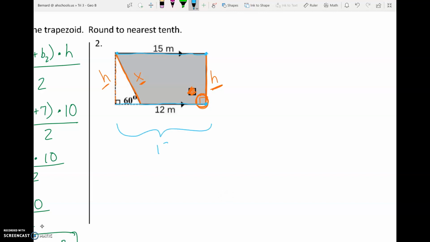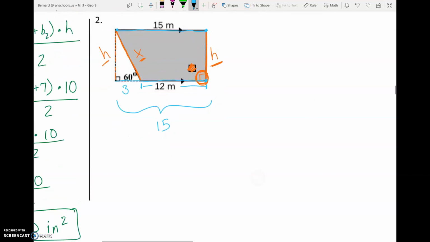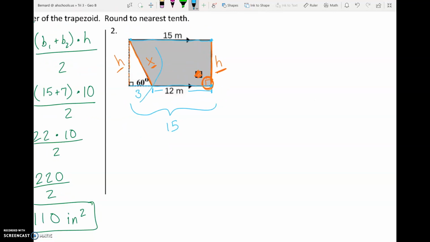So if this whole thing is 15, but from here to here is only 12, then if I do 15 minus 12, which is 3, that tells me how much is left over on the bottom of this imaginary triangle, right?